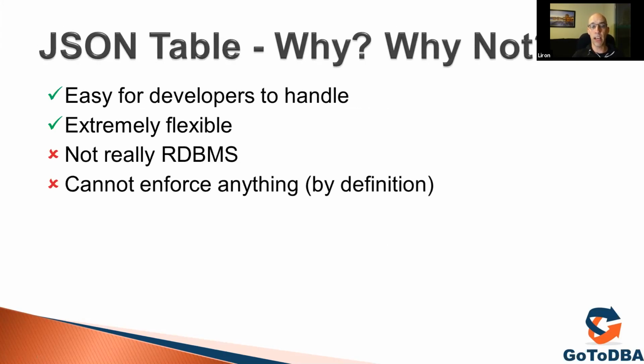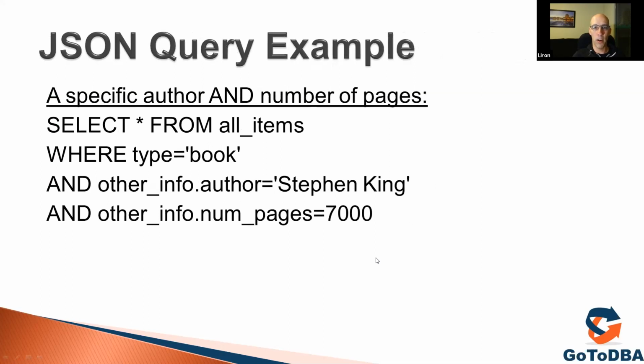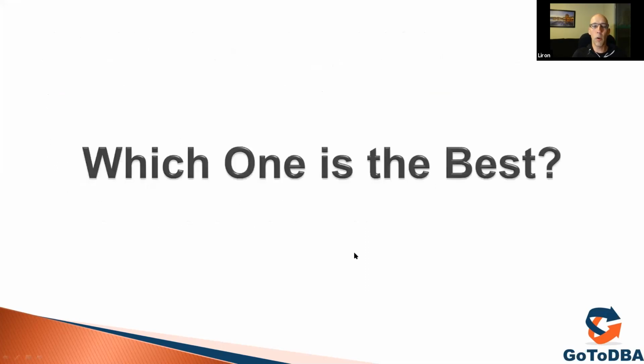It's extremely flexible, but it's not really an RDBMS, and you cannot enforce anything. And that's by definition because this is how JSON and XML work. And this is just an example of querying, just other info.author is Stephen King, other info.numPages is 7,000, and that's pretty straightforward to do.